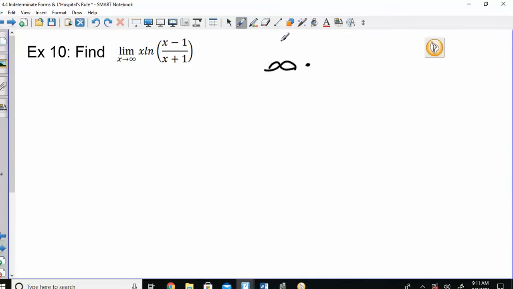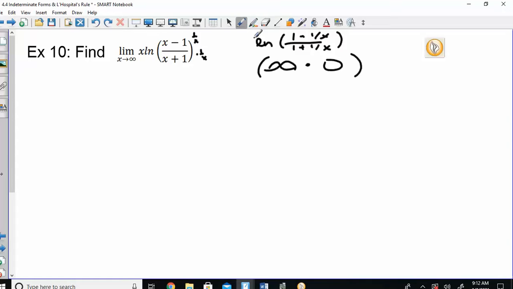Could I, just for the purpose of simplifying this part, remember, like on the last test, we would take it times 1 over x. So that would be like the natural log of 1 minus 1 over x over 1 plus 1 over x. So as x goes to infinity, you have the natural log of 1, which is 0. So this is currently infinity times 0.